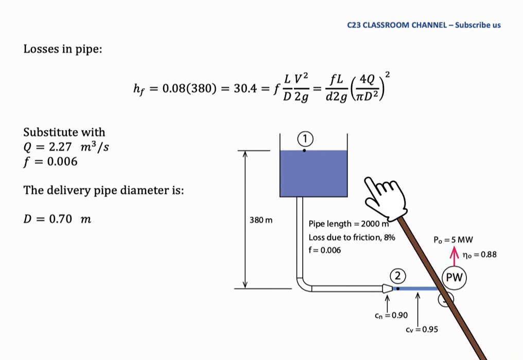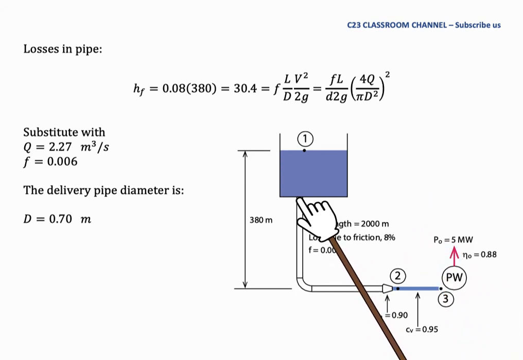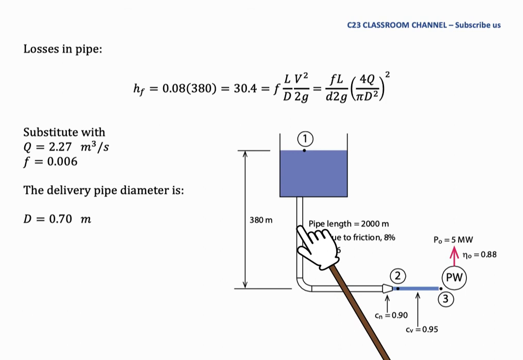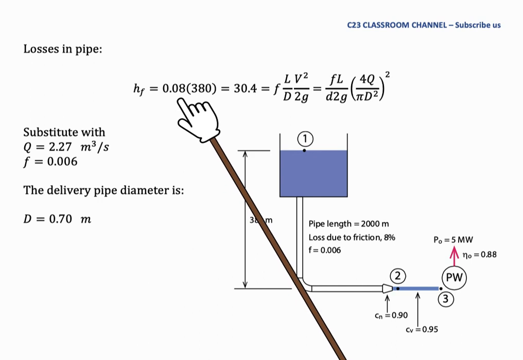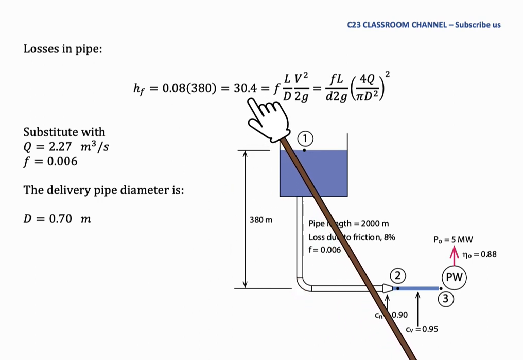Then, because we want to calculate the delivery pipe's diameter, we can relate the condition here to the major loss in the pipe. We know that the major loss is 8% of the gross head, and it is equal to 30.4.